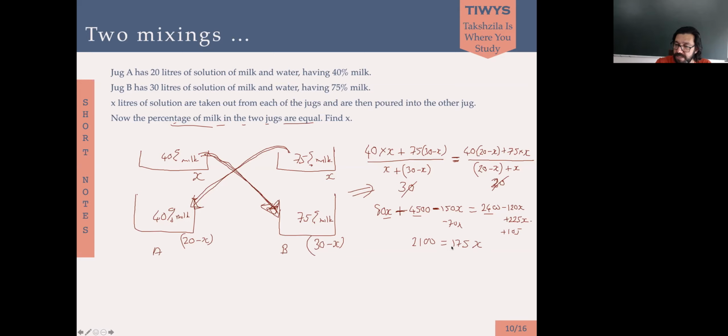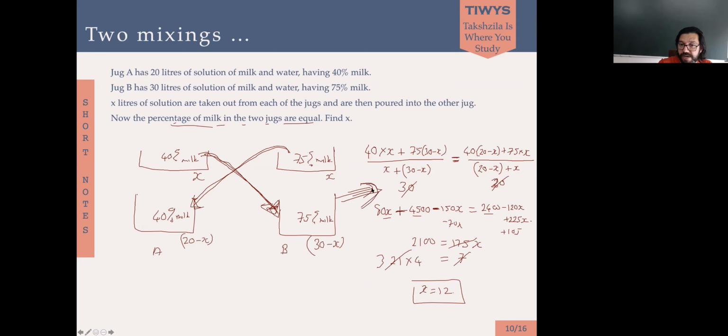Then you'll cancel it directly with a 25. 25 sevens are 175. And here, 21 into 100. That 100 cancels with a 4. 7 3s are 21, and that's 12. So x is 12.